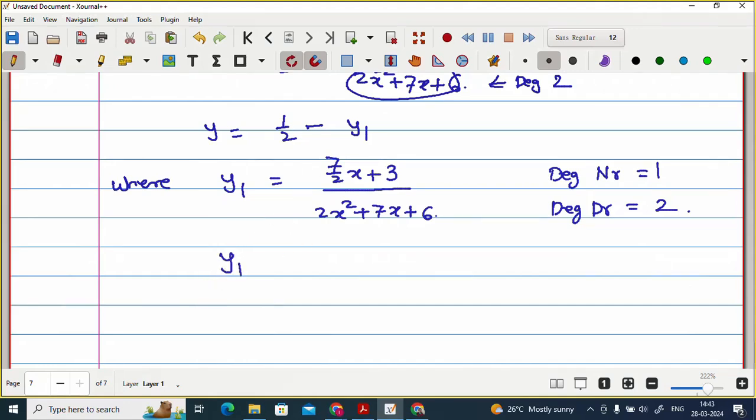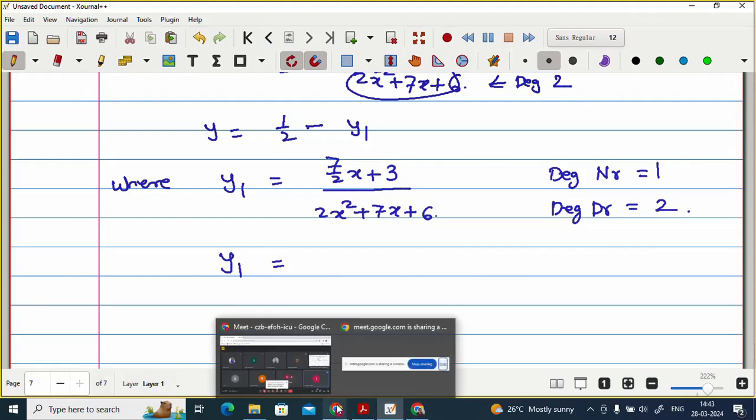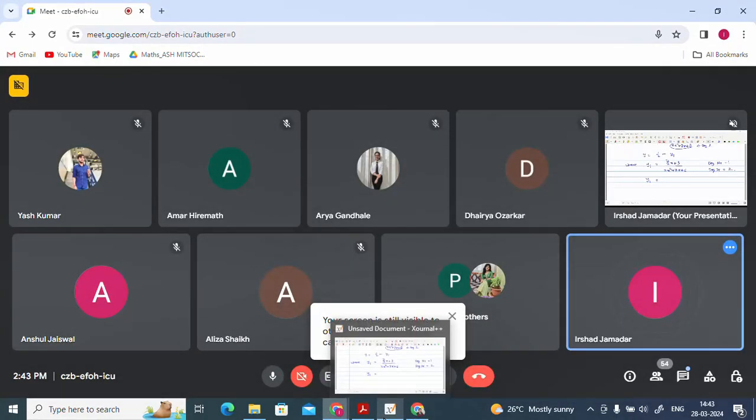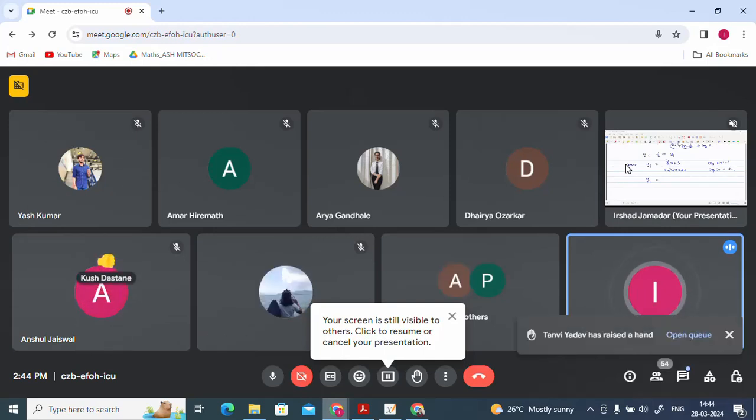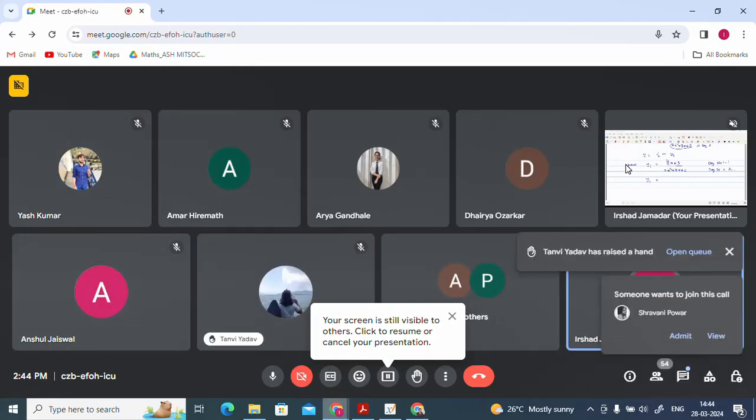So can we apply partial fraction here? Can we apply partial fraction? The earlier problem was that the degree of numerator was equal to the degree of denominator. Now for this y1, the degree of numerator is strictly less.